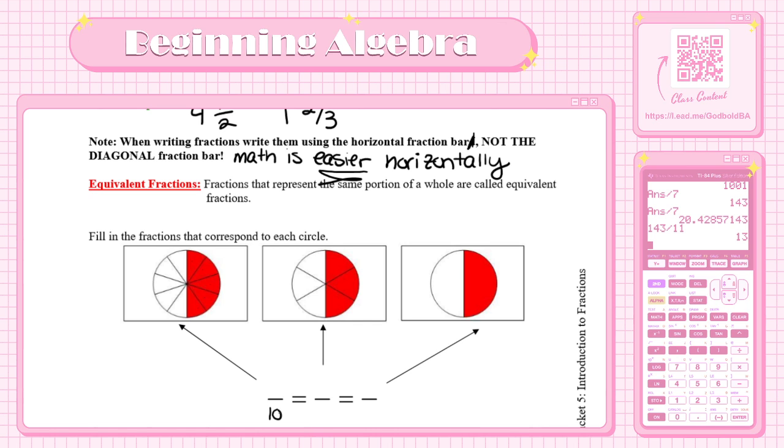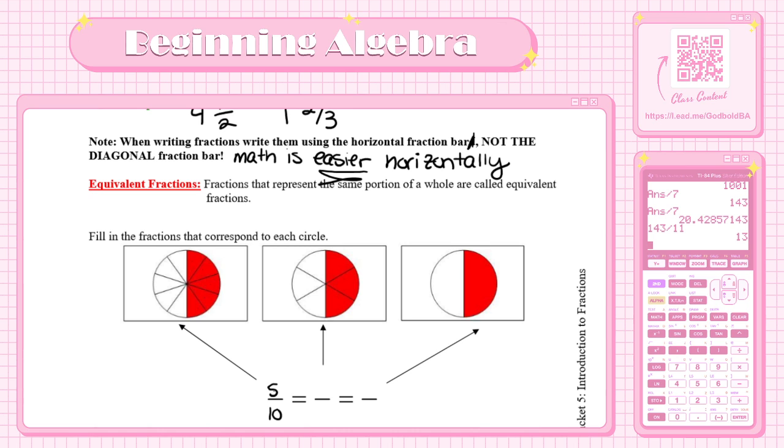There are 10 total pieces that this circle has been divided into. Now, the shaded part represents 5 of them. There are 5 of these pieces called tenths. Remember, each one is called a tenth or a 1/10, and I've got 5 of them, so I've got 5 tenths.